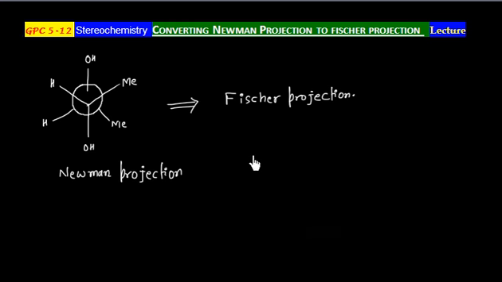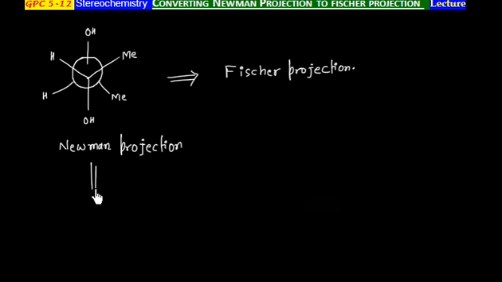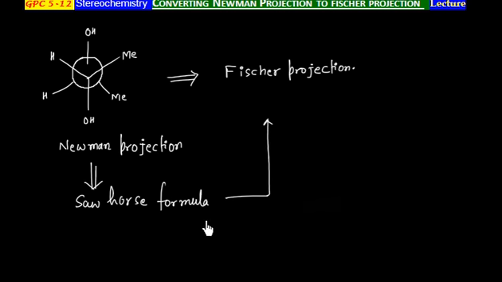So how will we do it? First we will convert this Newman projection formula into Sawhorse formula, and then this Sawhorse formula can be converted into Fischer projection formula.